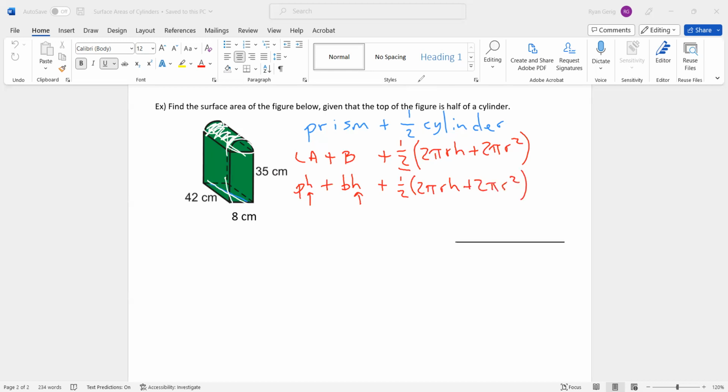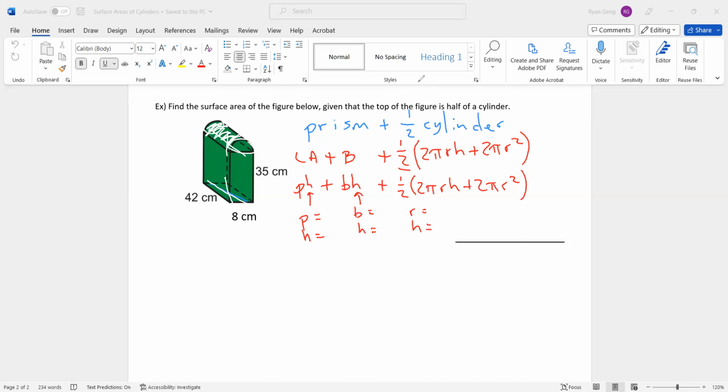Let's figure out all the missing variables: the perimeter of the base and the height of the prism, then the base and height of the actual base, and then the radius and the height of the cylinder. So I've got 3 H's, and all of them are going to be different.